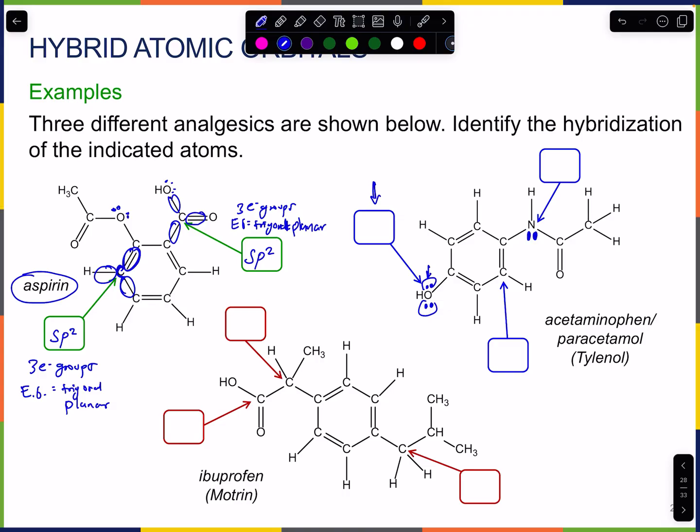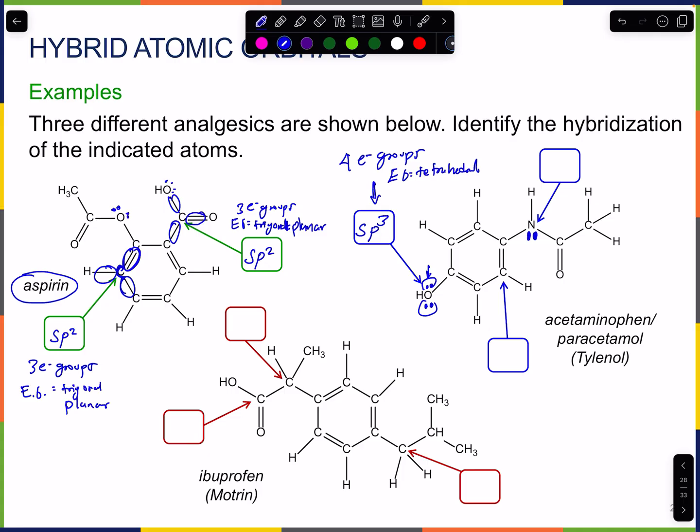They just put OH, but OH means that you have a single covalent bond between oxygen and hydrogen. So in total here, we have 4 electron groups. The corresponding electron geometry is tetrahedral. So that means that the hybridization is going to be sp3, right?